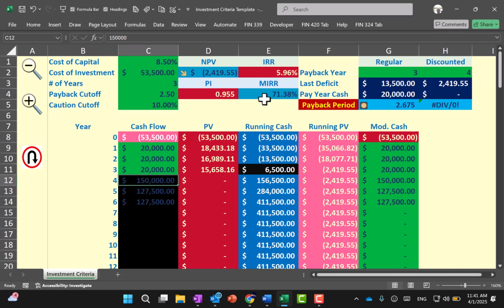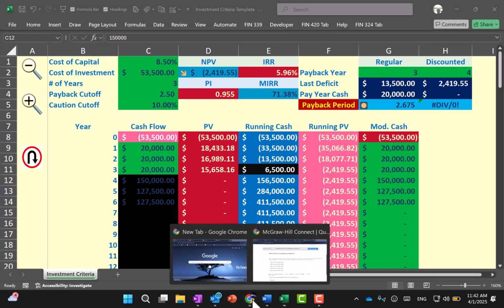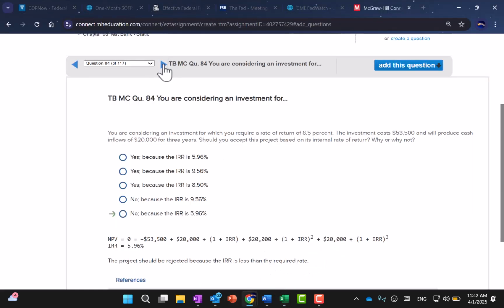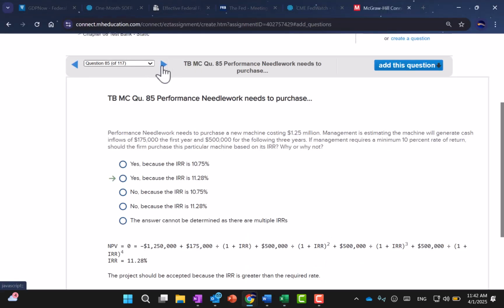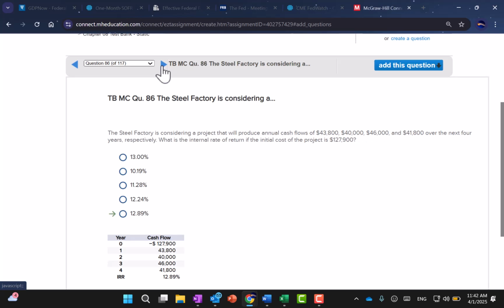IRR rule says if IRR is less than the cost of capital, you do not accept the project. Cash flows are conventional, so we don't have a problem with the IRR. That's all you need to know. Similar problems, so I'm not going to do that.